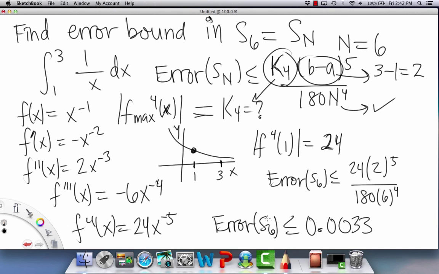That's what I got when I plugged into my scientific calculator. I'm pretty sure that's right. I did it twice, so we'll see. But this is our final answer, and that is our error bound. Bound just means what it can't exceed, so it's always going to be less than or equal to this number.